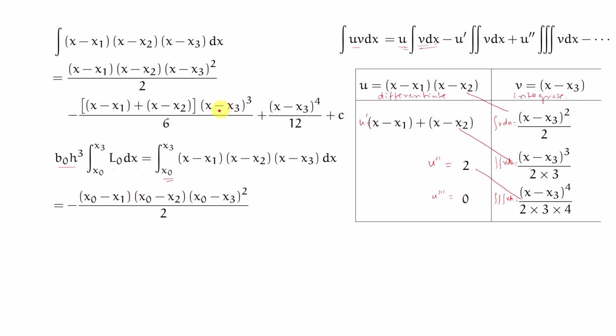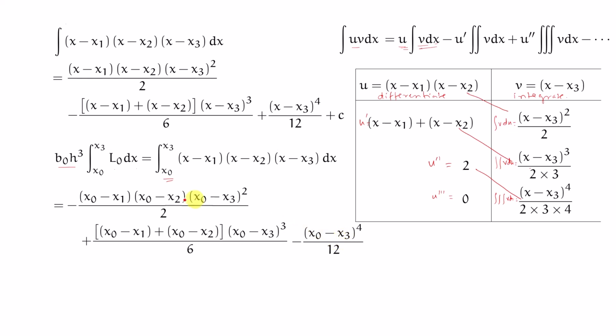And then in the second term, again in place of x, I'll put x0. So this is (x0 minus x1), (x0 minus x2), and (x0 minus x3). Here it was already negative, so it will come down to be positive. The third term, (x minus x3), is again negative, and this is (x0 minus x3).